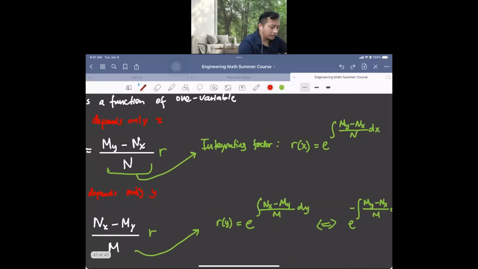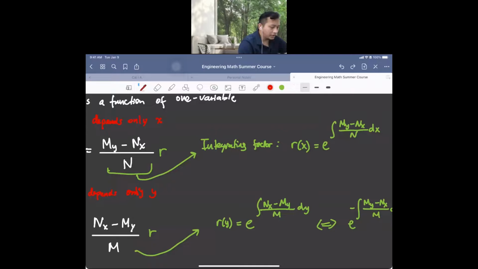You need to decide whether to divide by N or divide by M. For example, if you divide by N, you need to be sure it will only depend on x. So it's kind of trial and error, and you can see from the equation itself.